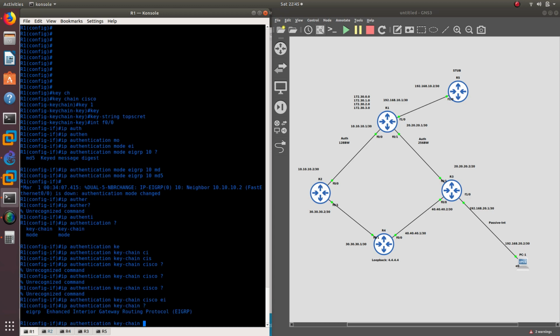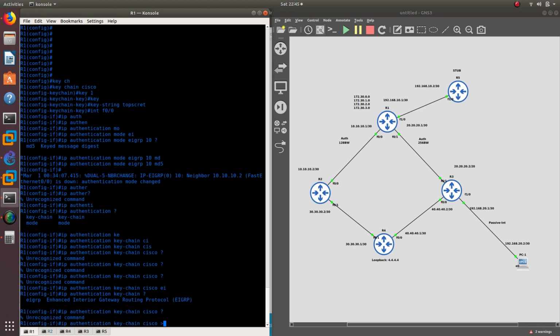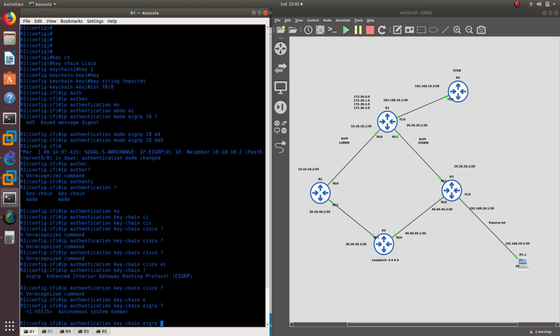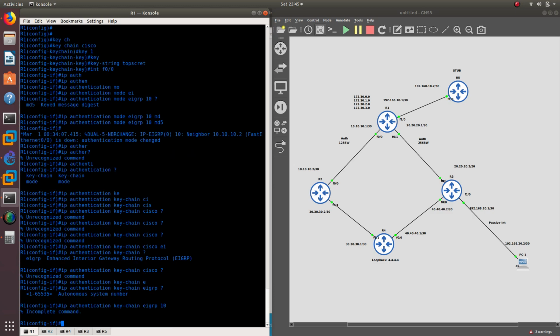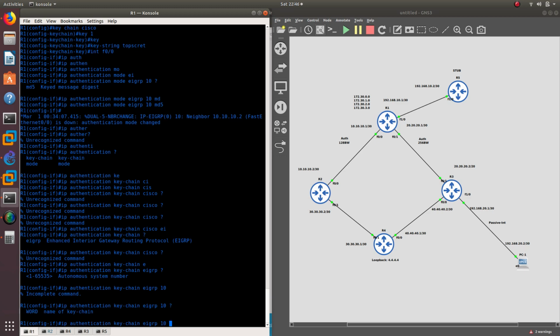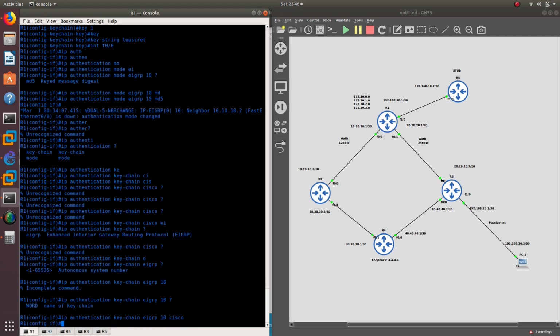Let me see. Authentication key-chain. I thought we were supposed to call keychain Cisco. No, okay, key-chain eigrp, and the autonomous system is 10. Oh, okay, at the end is where you have to add the keychain name, which is Cisco. There you go.